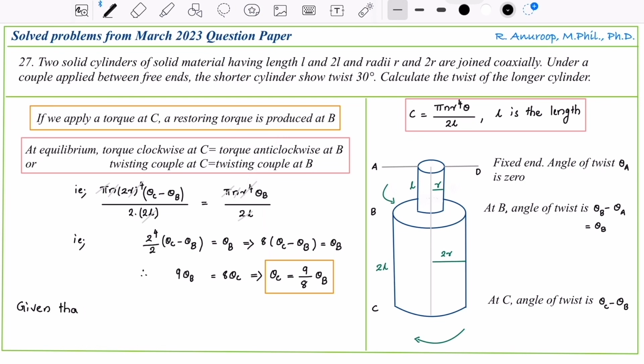Therefore theta C, the twist of the longer cylinder, is equal to 9 by 8 times theta B, that is 9 by 8 into 30 degree, which is equal to 33.75 degree.